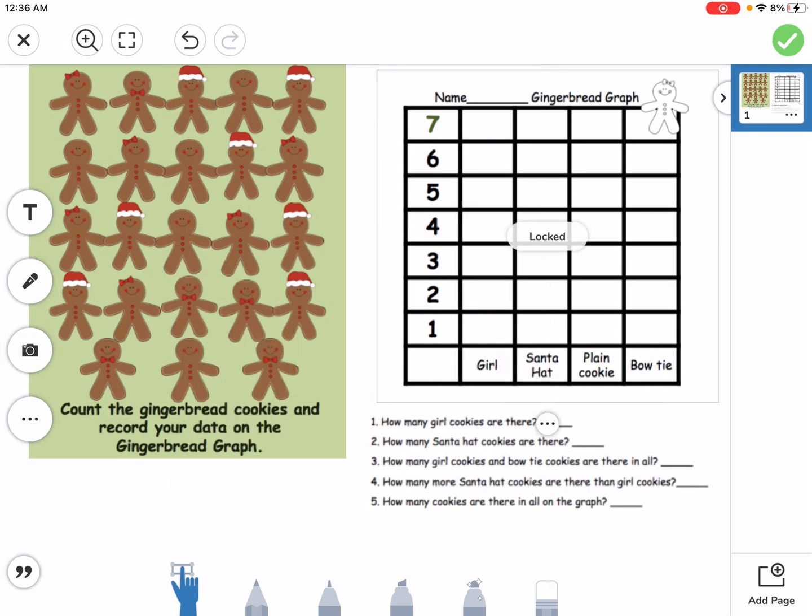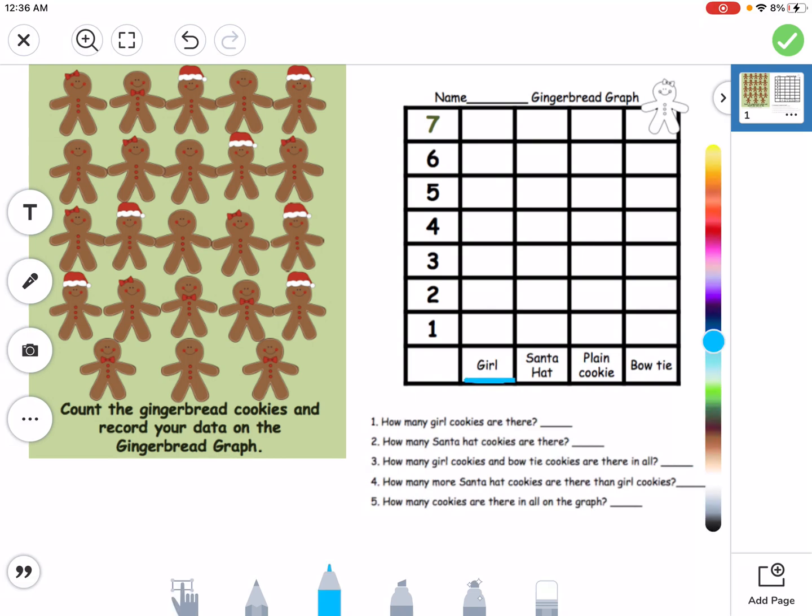Okay. So it says count the gingerbread cookies and record the data on the gingerbread graph. So you're going to count all the girls, and you can even do it like this. You can go 1, and then find another one, 2, and then find another one, 3, 4, 5, 6.